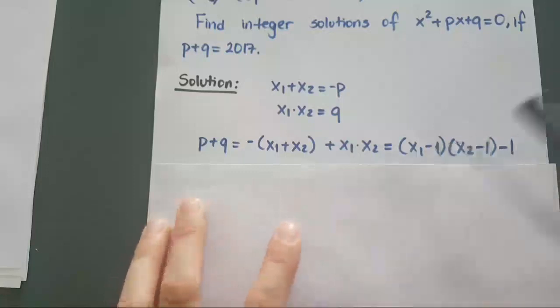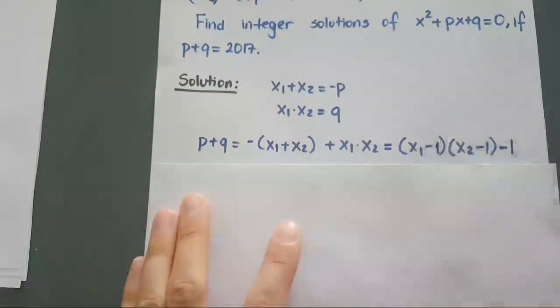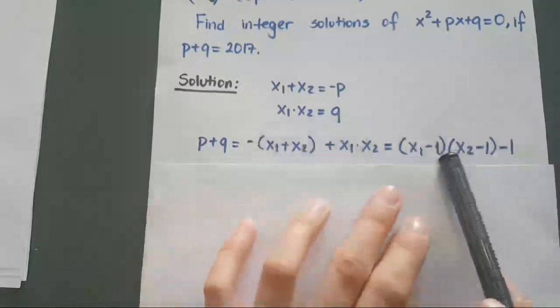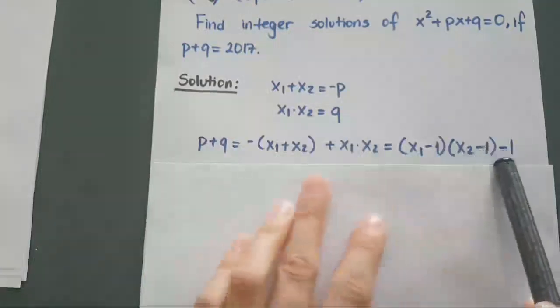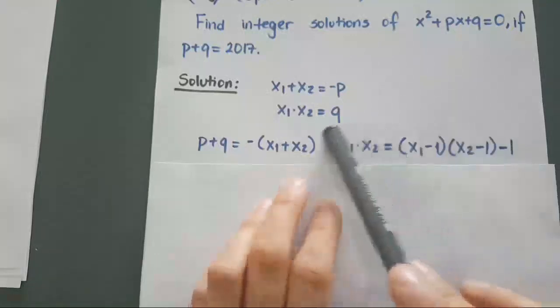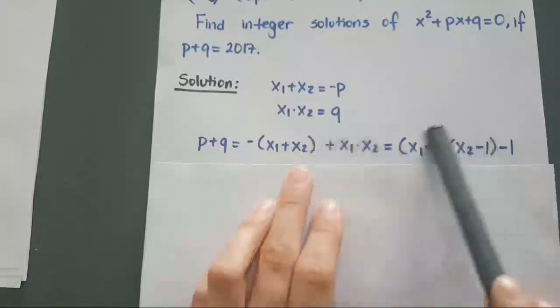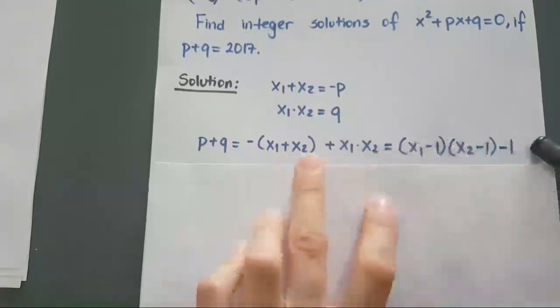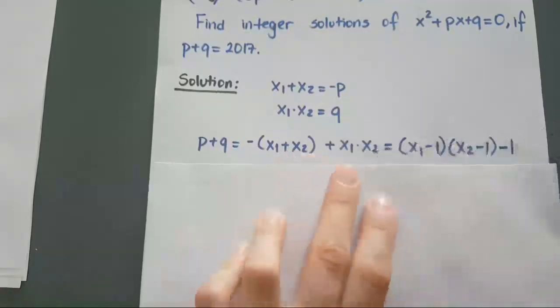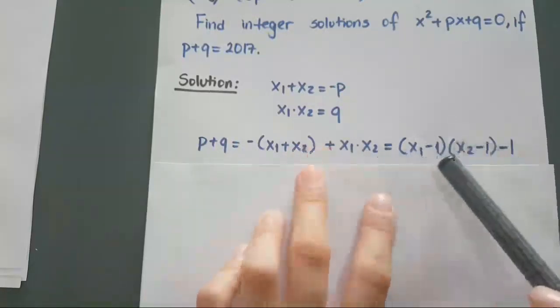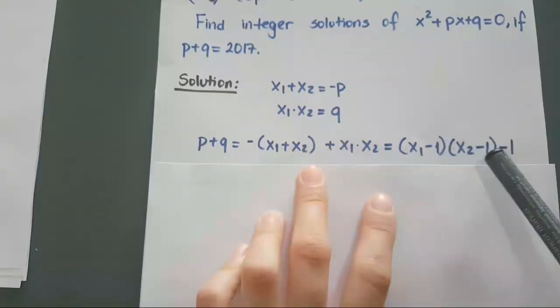After that, as Christina said, this expression can be factorized as x1 minus 1 times x2 minus 1. When I write it in this form, I have a positive 1, but I do not have it in this expression, so I have to subtract 1. So when I factorize this, I will get x1 minus 1 times x2 minus 1 minus 1.